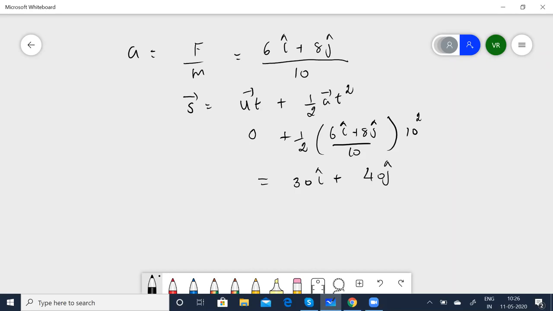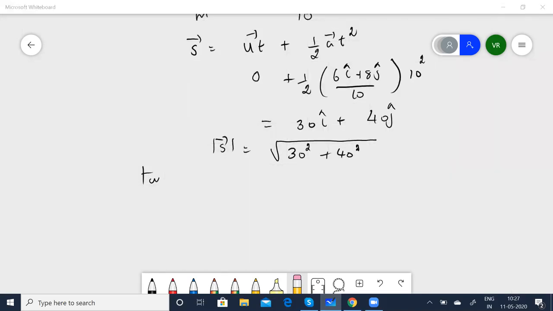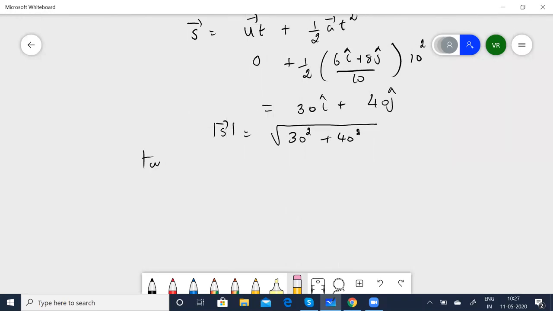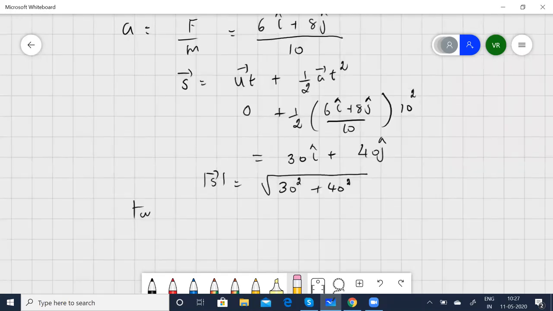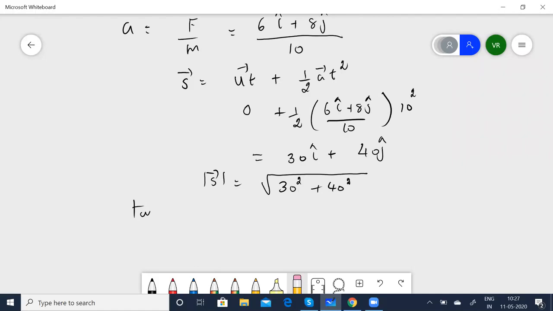What is the magnitude of this? The magnitude is going to be the root of 30 squared plus 40 squared. And for the direction, I will put it as tan theta. Tan theta is equal to y by x, right?